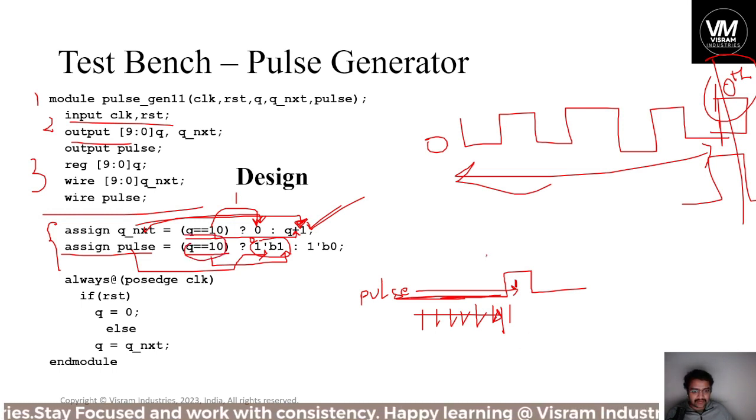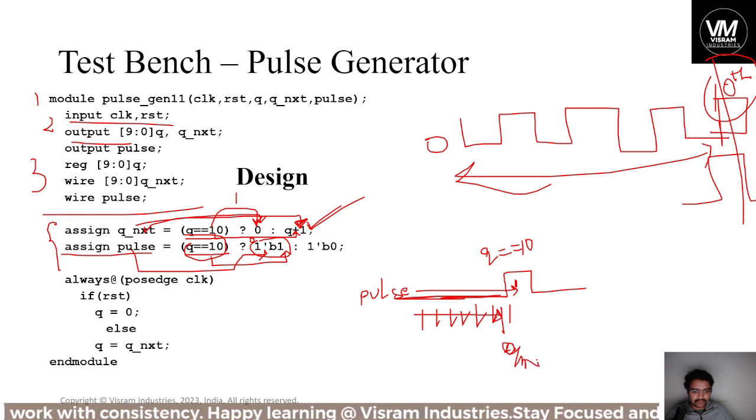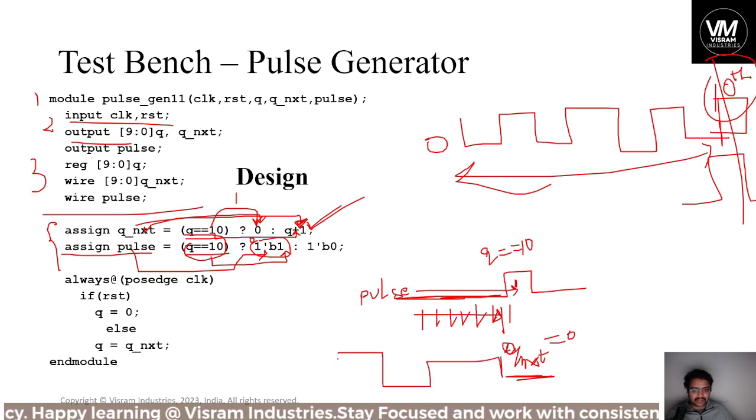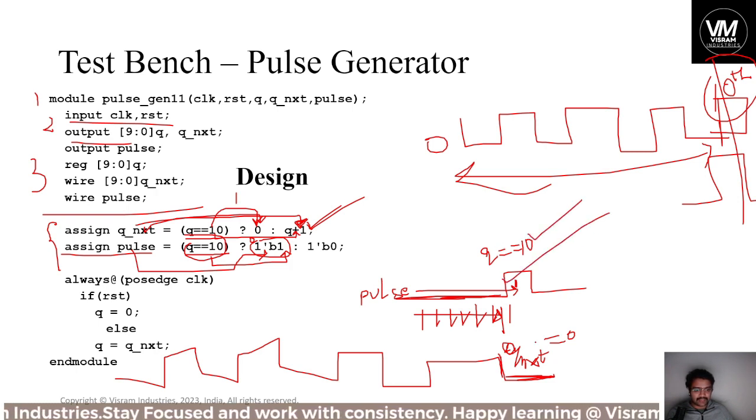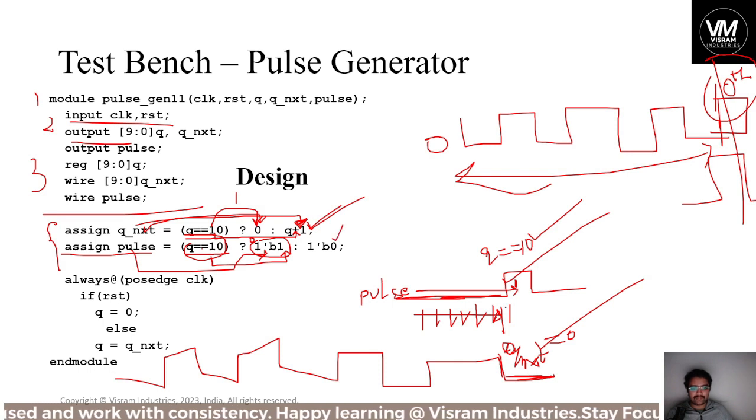And at this Q is equal to 10, we are getting Q next as 0, because it has to be reset again. Until then it can be 1 or some incremented value. But at Q is equal to 10, pulse will be 1, Q next is equal to 0. Or else if it is false, then the value of pulse will be 0, like this.